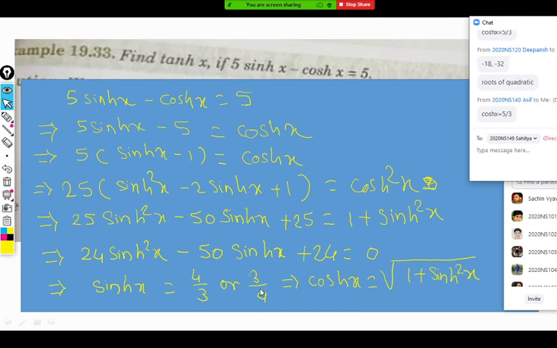That should be. Yes, cosh x is 5 by 4 and 5 by 3. 5 by 3 is the answer, correct? 5 by 3. So cosh x is 5 by 3.